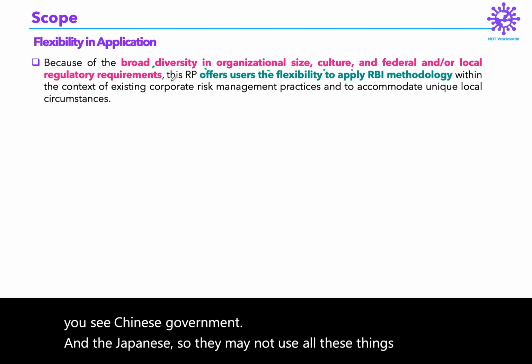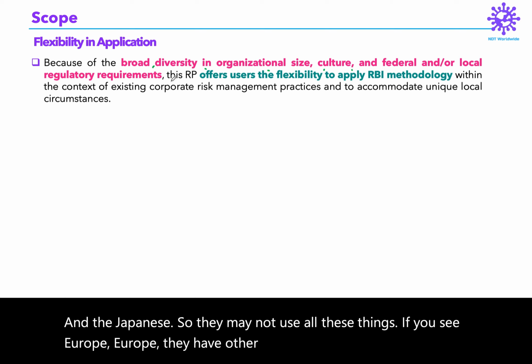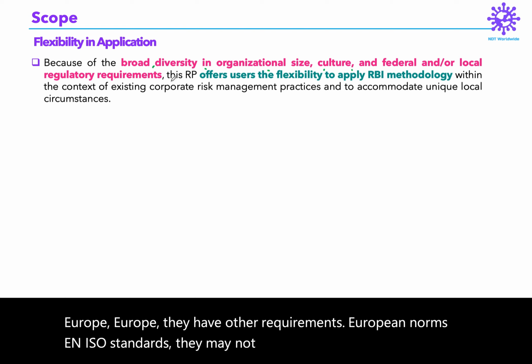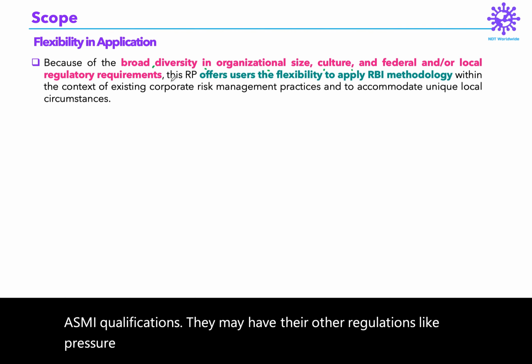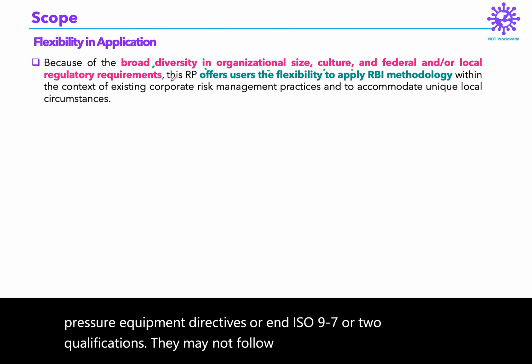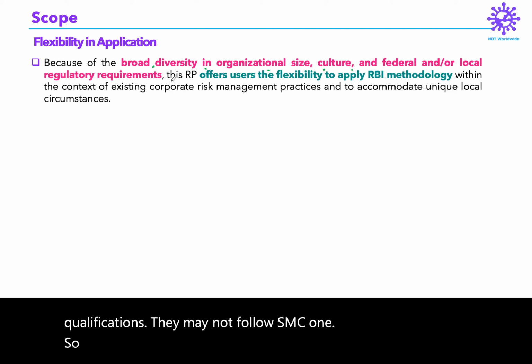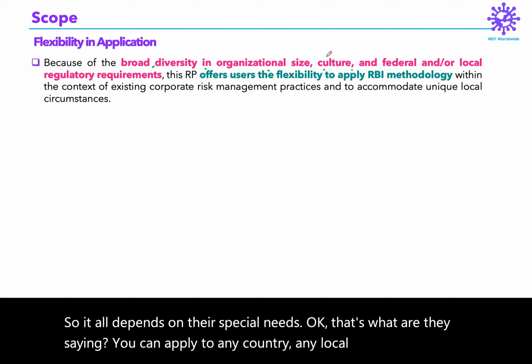And Europe has other requirements, European norms, EN ISO standards. They may not use these API requirements or ASME qualifications. They may have other regulations like the Pressure Equipment Directive and EN ISO 9712 qualifications. They may not follow SNT-TC-1A. So it all depends on their special needs. That's what they're saying: you can apply it to any country, any local or international regulatory requirements.